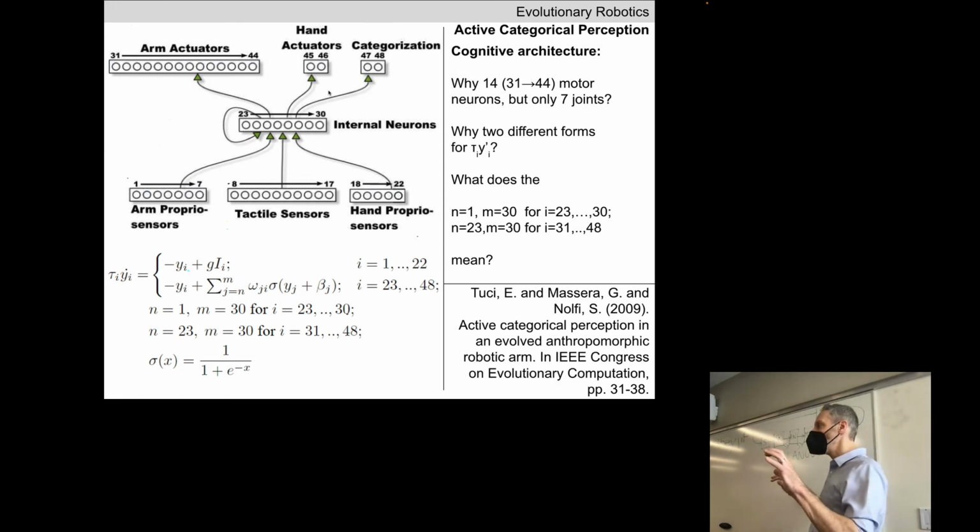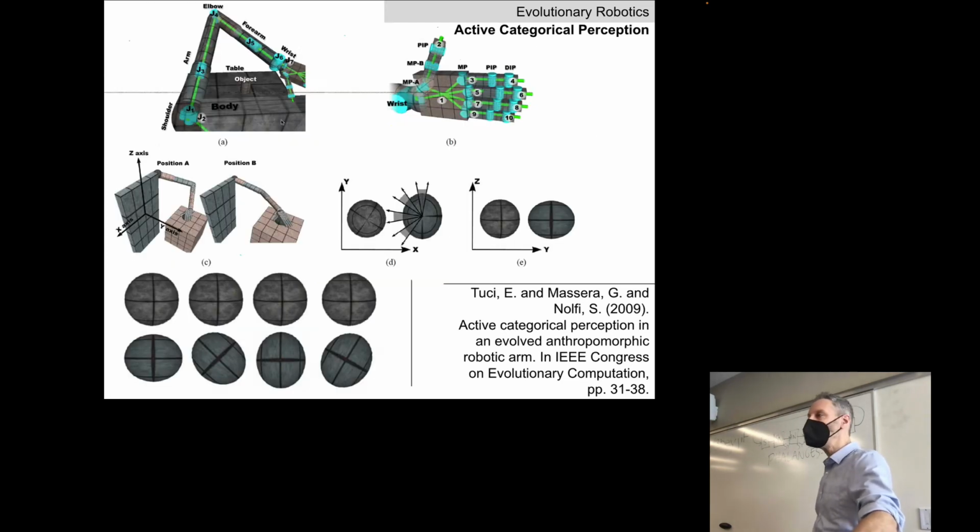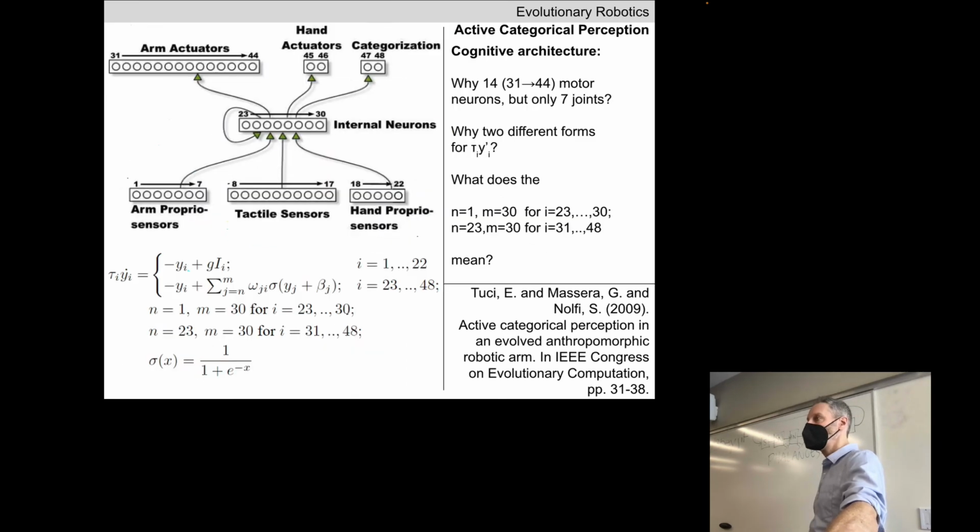So the sensor neurons are fully connected to the hidden neurons. The hidden neurons are fully connected to themselves, and the hidden neurons are fully connected to the motor neurons. The investigators have built in these recurrent connections here, assuming that maybe if it needs to distinguish between spheres and ellipsoids, it's going to need a little bit of memory. So far, so good? Okay.